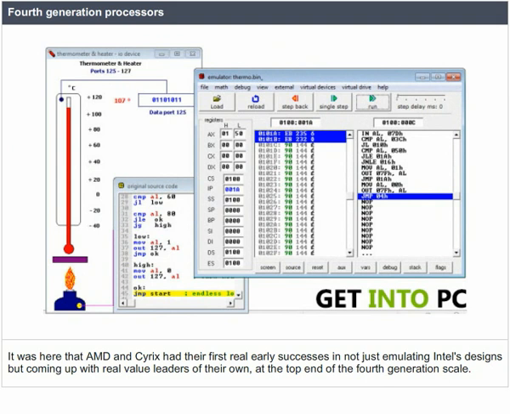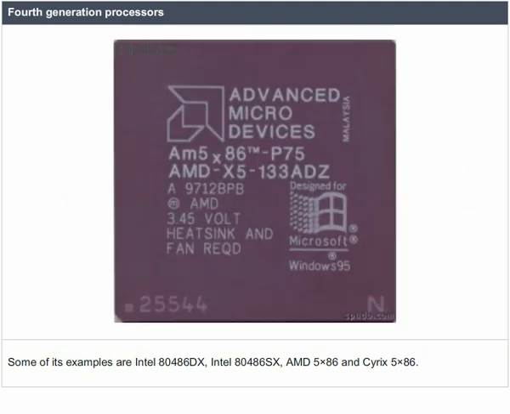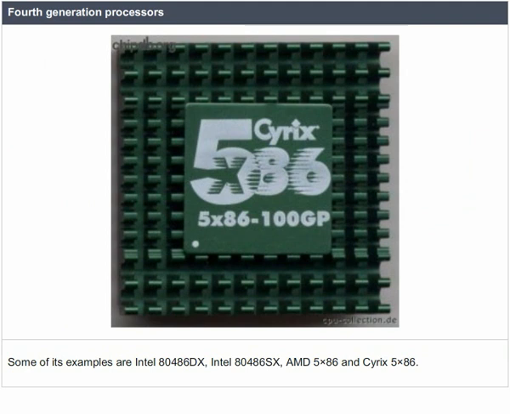Also, it was at this time that the new phenomenon of upgradable processors and standardized motherboard sockets began to become prevalent. Some of its examples are Intel 80486DX, Intel 80486SX, AMD 5x86 and Cyrix 5x86.